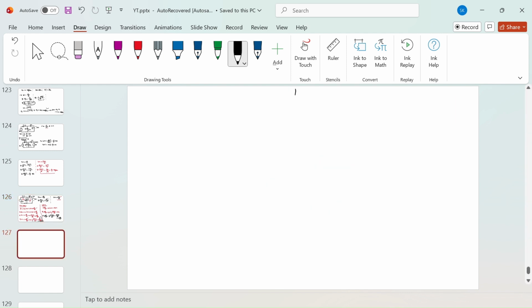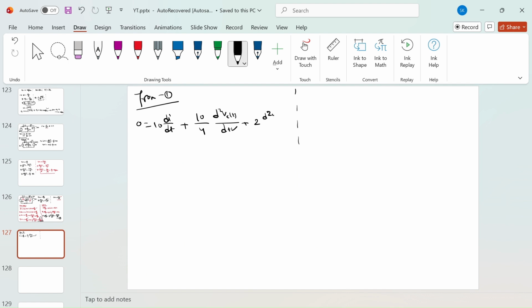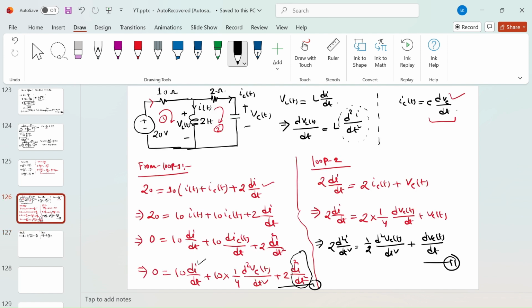So maybe I can put this value because I already know. Let me write down here from equation number 1, 0 is equal to 10 di by dt plus 10 by 4 d2Vc by dt square plus 2 d2i by dt square, and from equation 2 I have 2 d2i is equal to half d2Vc by dt square plus dVc by dt.